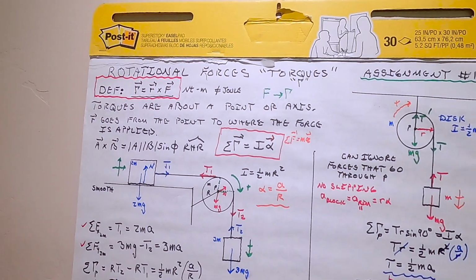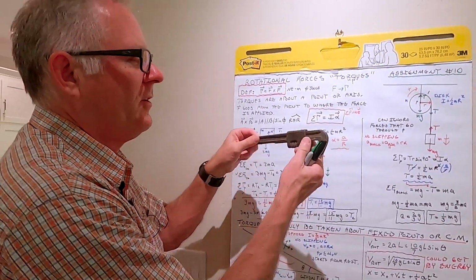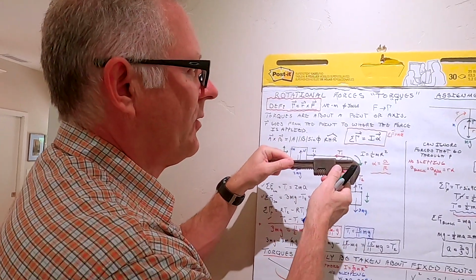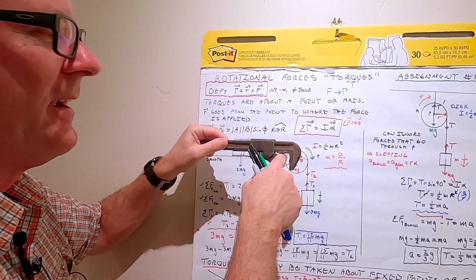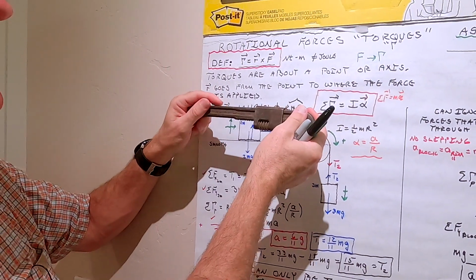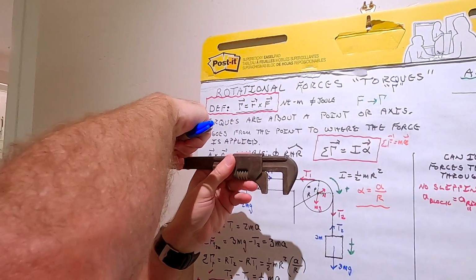So here, a torque device is just a wrench. What do we do with this wrench? We try to turn things. Where's the point or axis? Well, it would be right at this point. And the force is the force we apply on it. We usually come over here and push down on this.